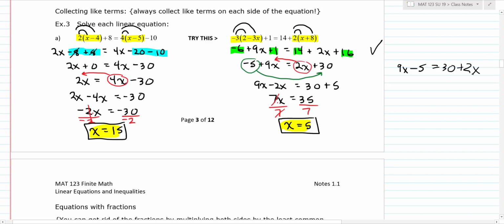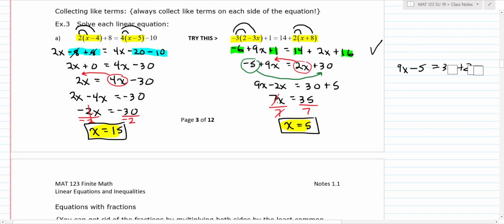Okay, it doesn't matter. Now is where I start moving stuff. So I decided all my x's on the left, I moved the 2x, so it's going to become negative. I moved the -5, so it's going to become positive. So whatever you move, change the sign. Now it's easy. You have 7x equals 35, divide by 7. So 35 divided by 7 is 5.